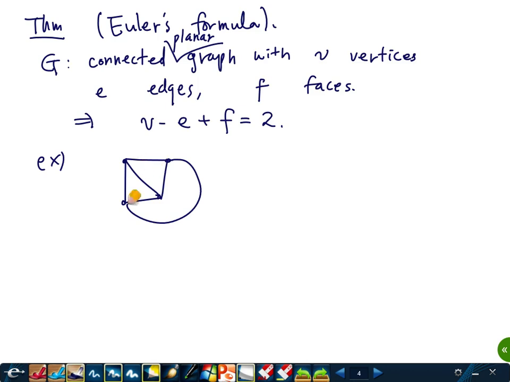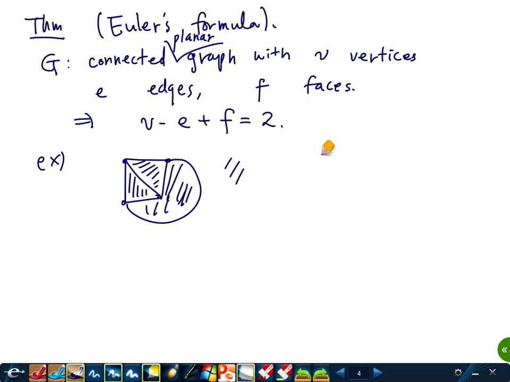Face means you draw the planar graph on the plane without crossing edges, then the edges will divide the plane into several regions. So each region is called a face. So here we have the outer face. Outer face is also a face, it's an unbounded face. And we have this one face, two face, 3, and 4, the outside region.